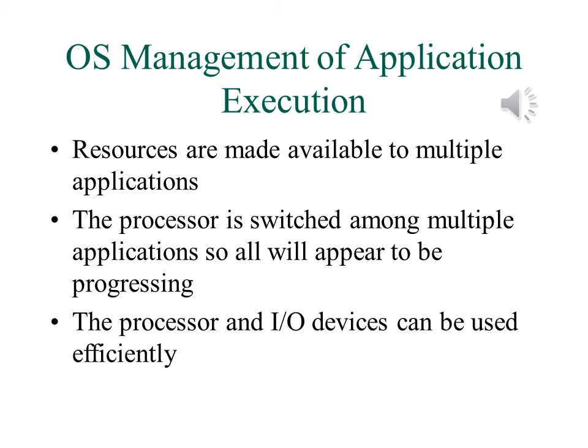The approach taken by all modern operating systems is to rely on a model in which the execution of an application corresponds to the existence of one or more processes.